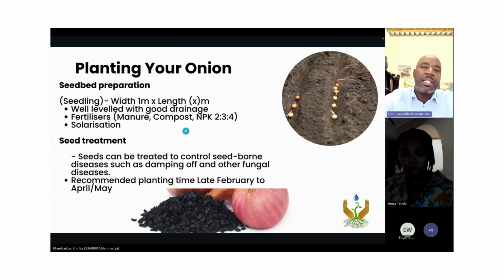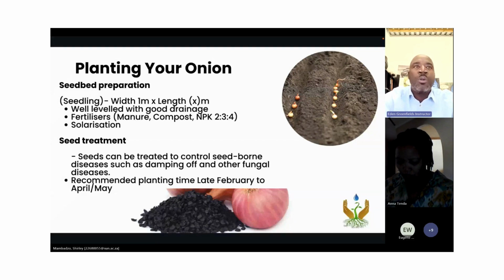Normally we recommend seed beds of 1 meter in width, and then the length depends on you. It is also determined by the size of space that you have that you are going to grow.